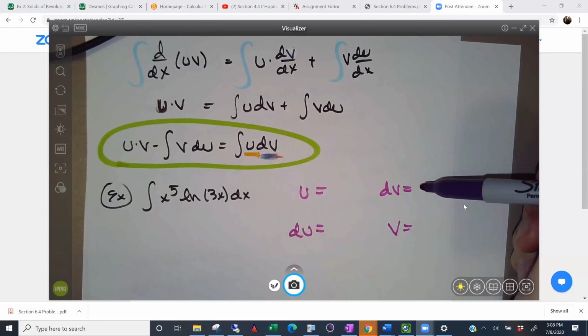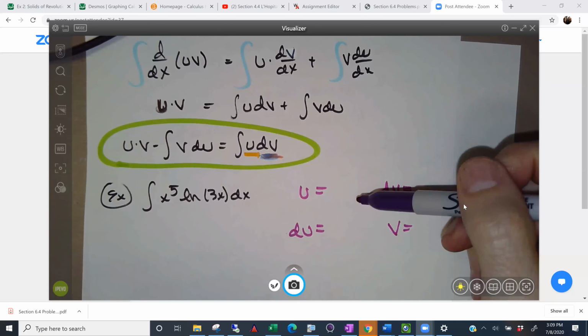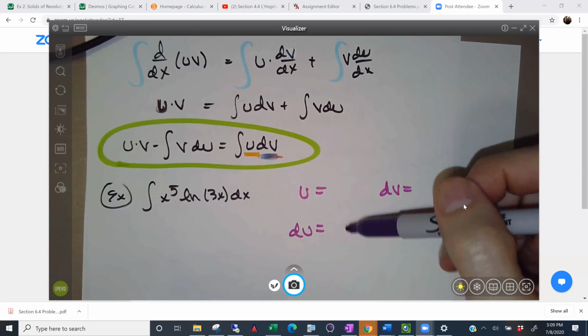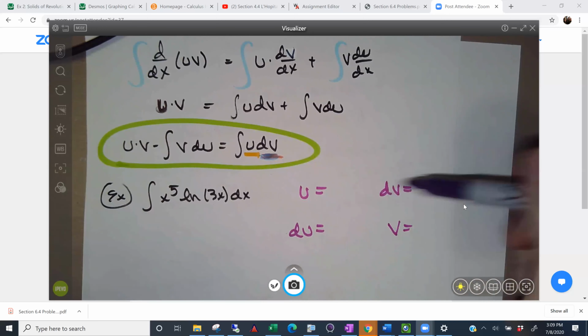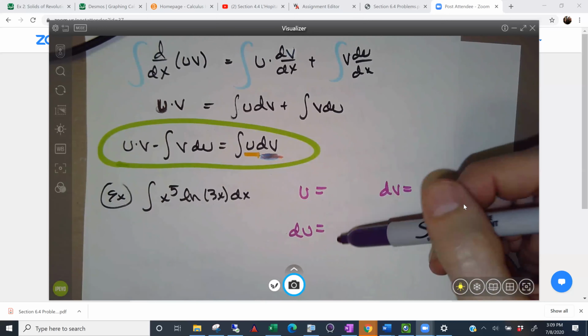Whatever you integrate has to be something you can find the antiderivative of. And whatever you differentiate, it's nice if it doesn't get any worse, but sometimes it will a little bit. But pick something that you can integrate and something here that we're going to differentiate. And maybe that when we differentiate it, it's going to get simpler.